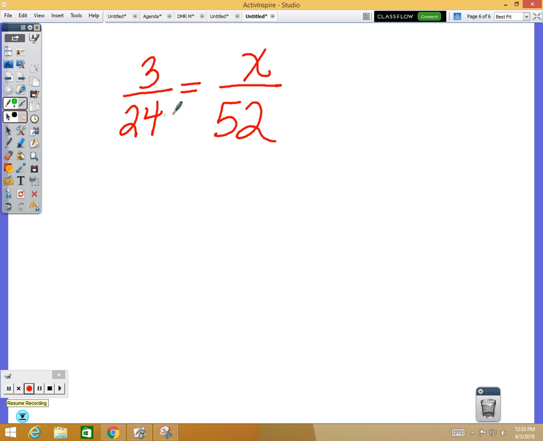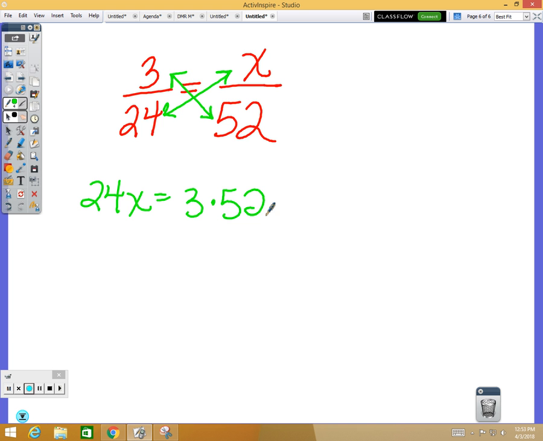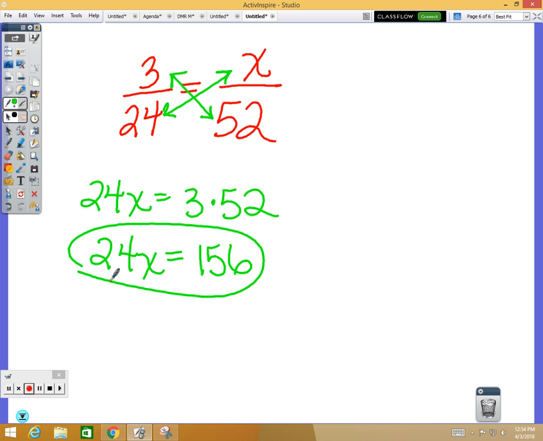All right, so hopefully you matched up your 24 and your x. And your 3 and your 52 need to be multiplied. What's 3 times 52? 156. So when I'm talking about showing your work on your paper, I do want to make sure that you are showing at least this right here. I want to see that 24x equals 156, okay?